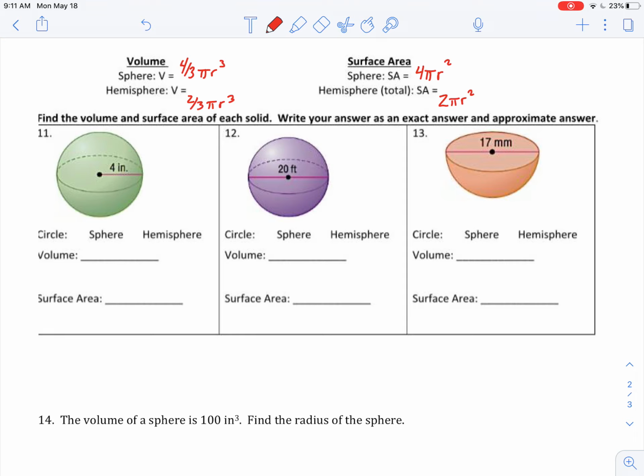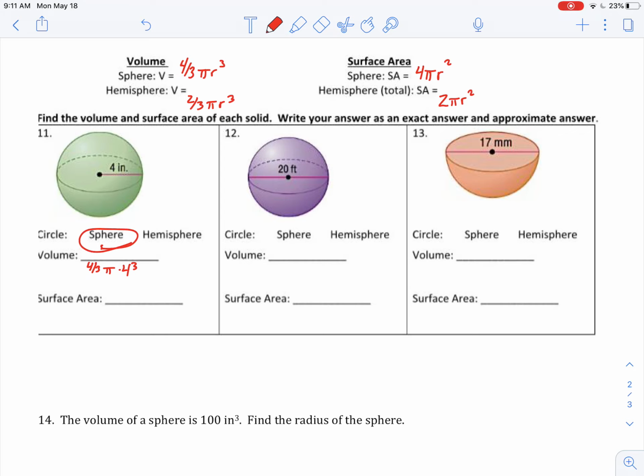All right, now I'm just going to do 11 and 13. This is a sphere. The volume is 4/3 pi times r cubed, which is 4 cubed. 4 cubed is 64.